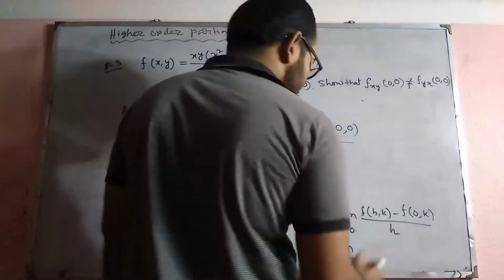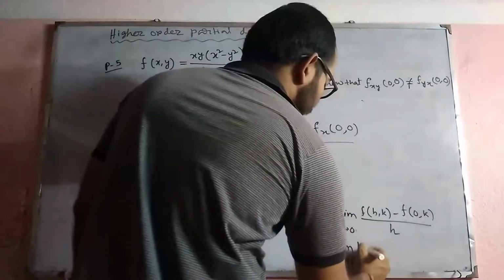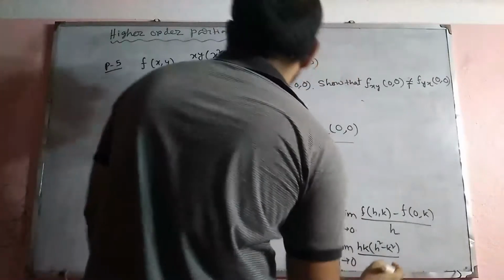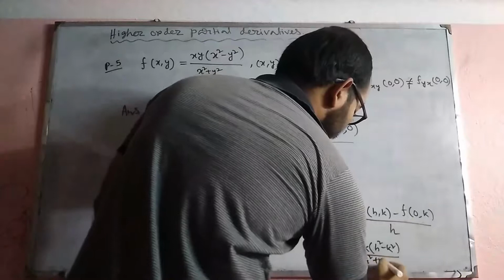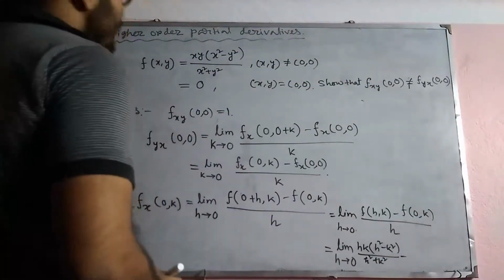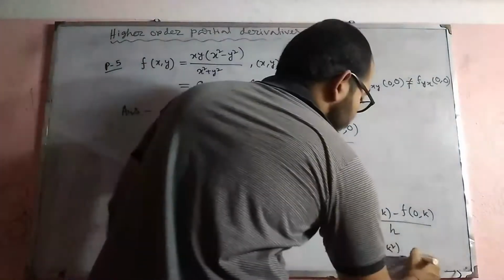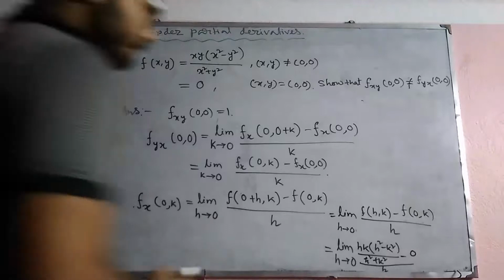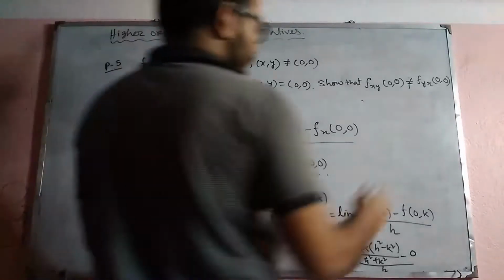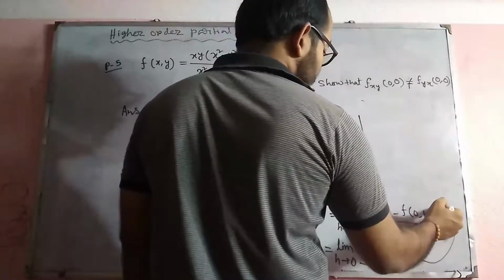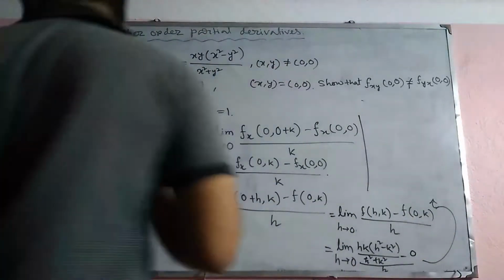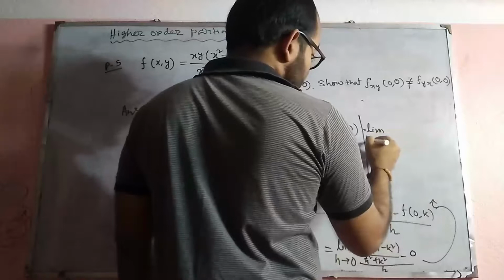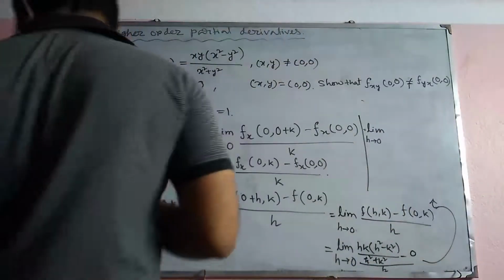And what is f of (h, k)? f of (h, k) is hk into (h square minus k square) by (h square plus k square), minus 0, by h.